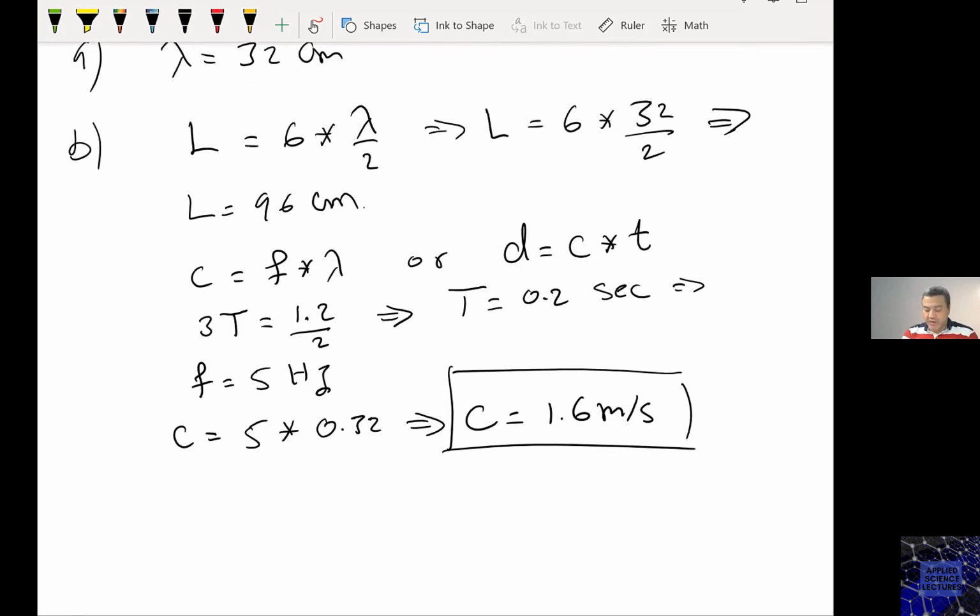Or you can calculate it using d equals c t. d is the length of the rope.